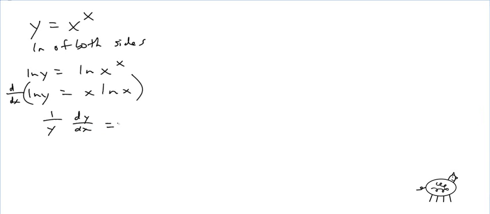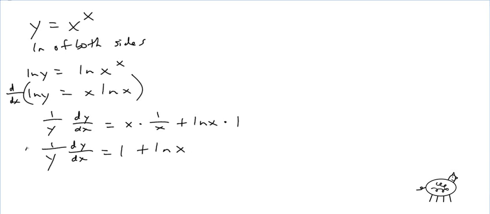And this guy here is just going to be the product rule, right? So it's the first times the derivative of the second, so x times 1 over x, plus the second times the derivative of the first. So I get 1 over y dy dx is equal to 1 plus ln of x.